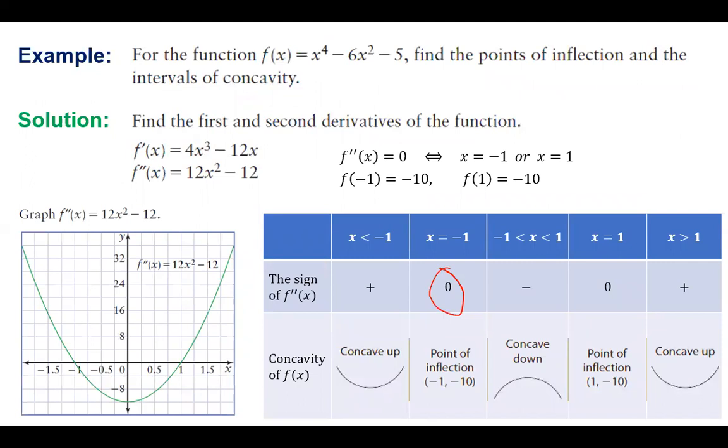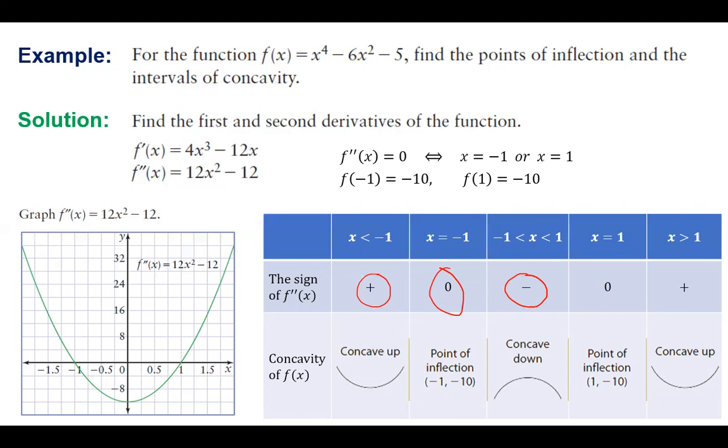And before x equals -1, the sign of the second derivative is positive. After that, the sign is negative. The second derivative does change sign at this point, right? Therefore, x equals -1, or the point (-1, -10), is a point of inflection.